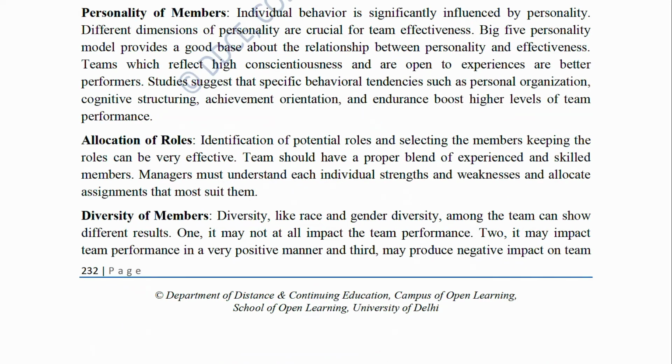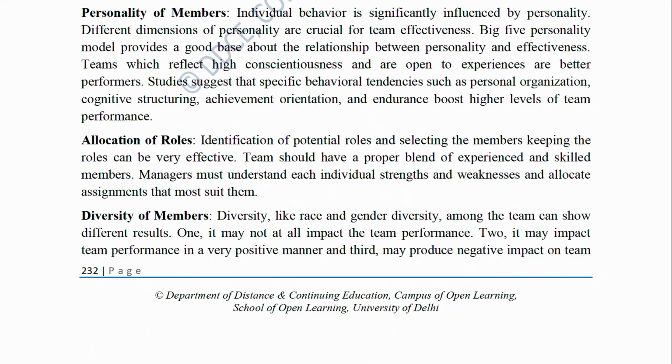Personality of members. Individual behavior is significantly influenced by personality. Different dimensions of personality are crucial for team effectiveness. The Big Five personality model provides a good base about the relationship between personality and effectiveness.